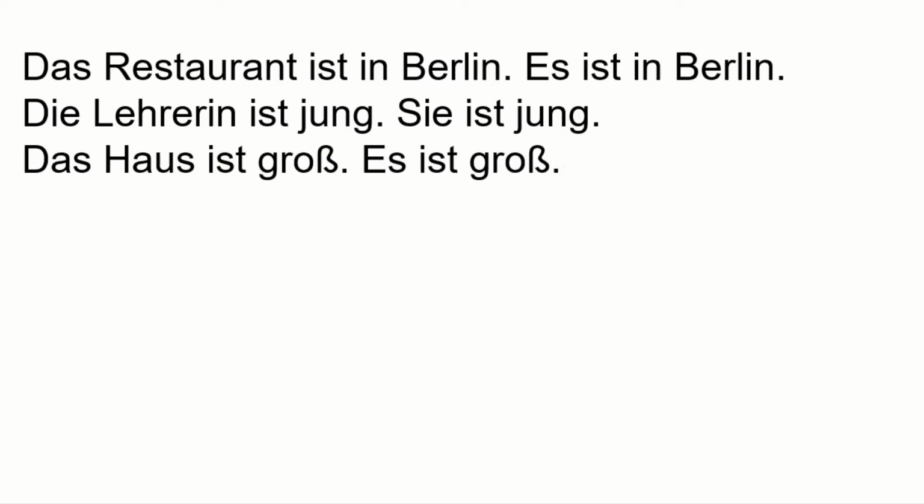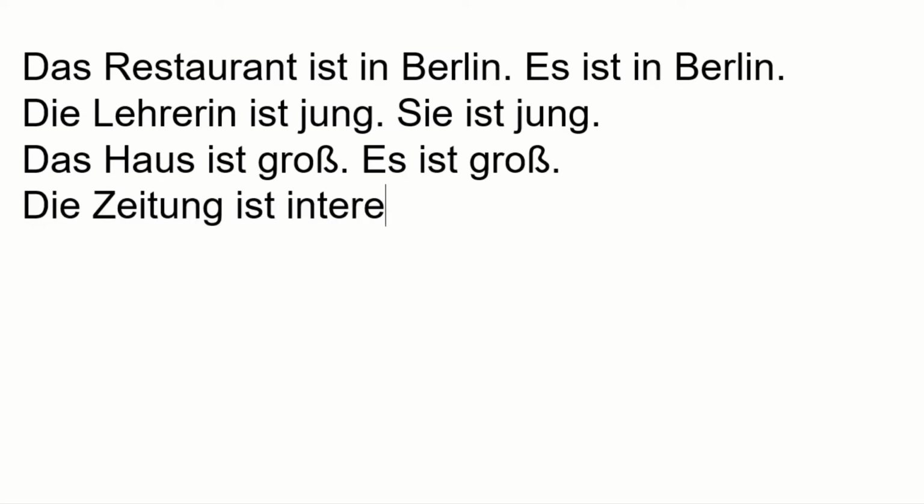The newspaper is interesting. The newspaper, die Zeitung. Die Zeitung ist interessant. It is interesting. The newspaper in German is a feminine noun, so it is interesting will be sie, like she, ist interessant.